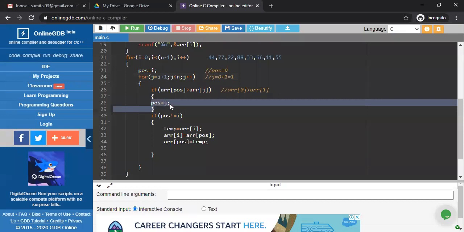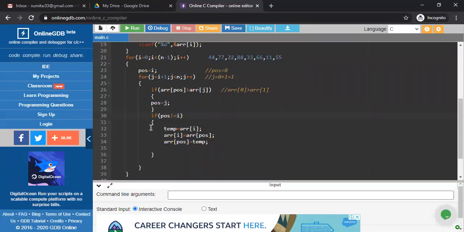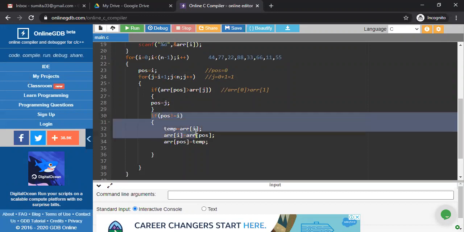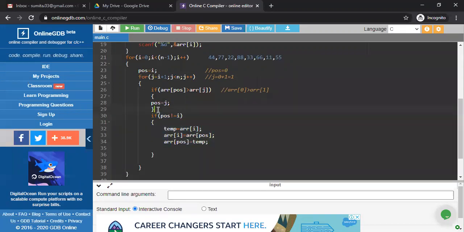Am I right or wrong? Move on to this place, because this if is also in between this for loop. See, the for loop closing bracket is not completed till now. So this loop is also executed after this.